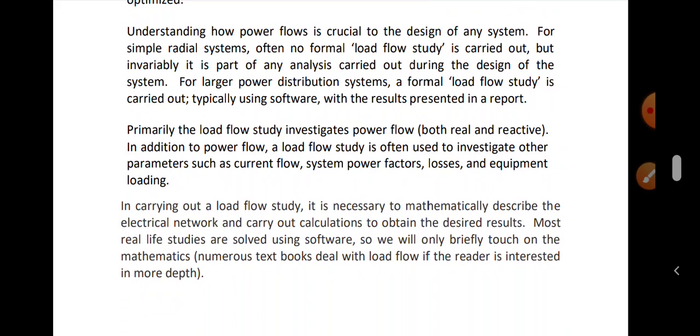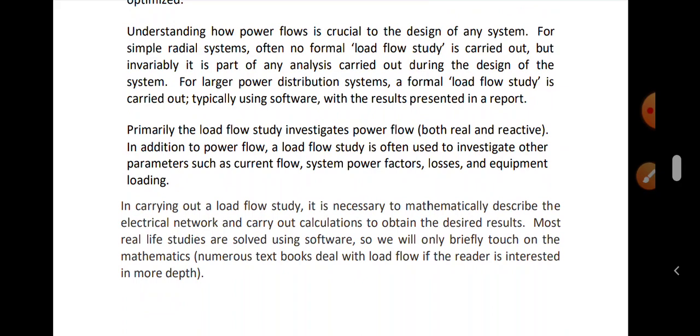The equations which we obtain in the load flow studies are of nonlinear type, so the solution of these equations is also very important, for which we use many techniques such as Gauss-Seidel method of solution, Newton-Raphson method of solution, and so many other techniques in which some approximations are also done.